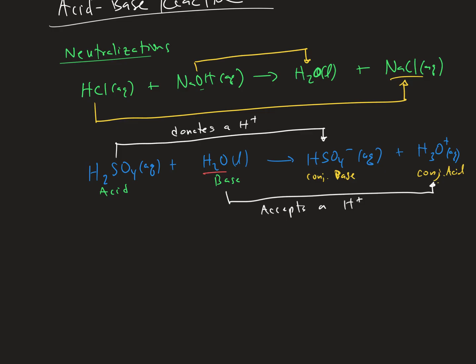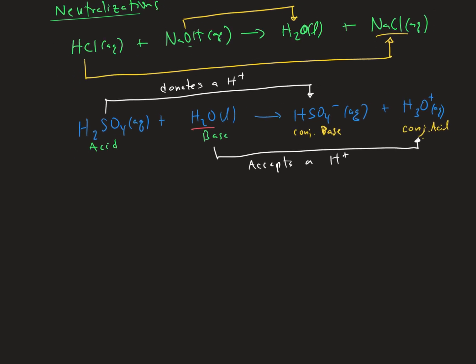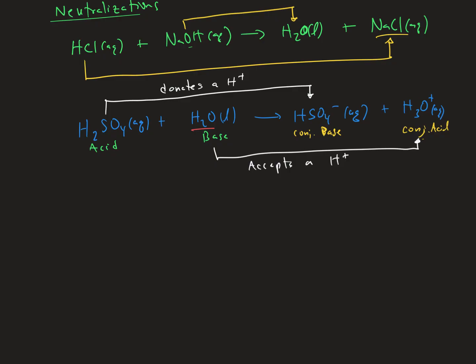Should we do another one? Do you guys want to do it on your own, or should I help you again? Help you one more time? Then you're on your own? Okay. So let's do HSO4 minus plus H2O, so this is aqueous.